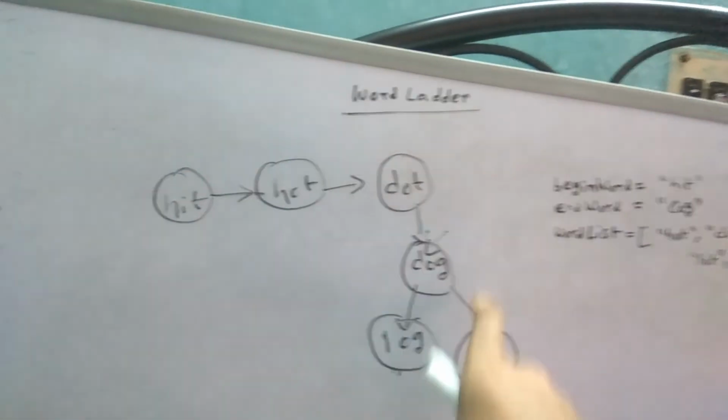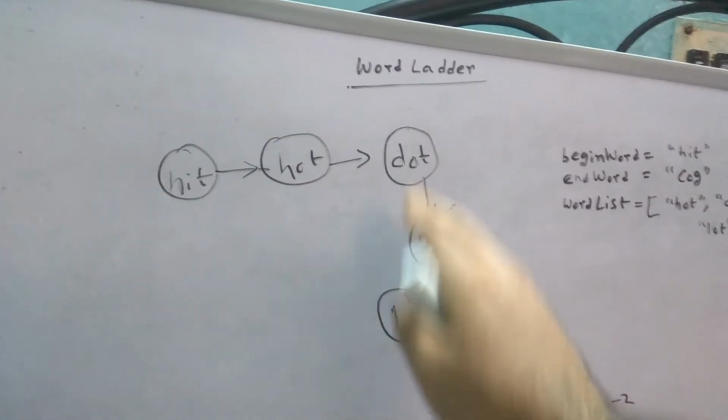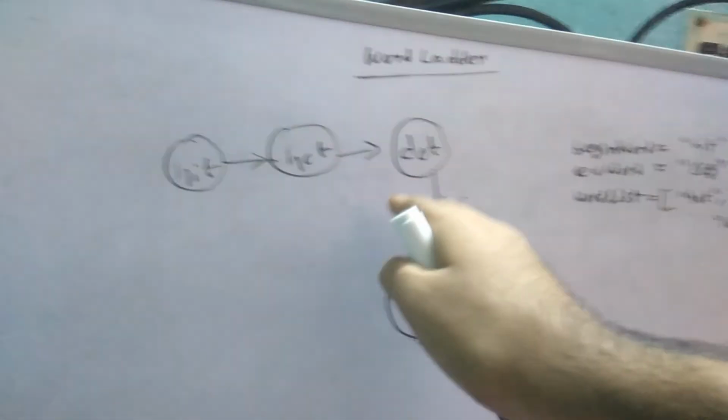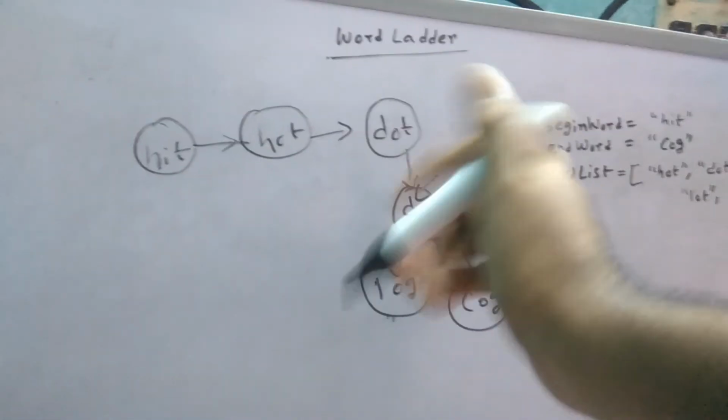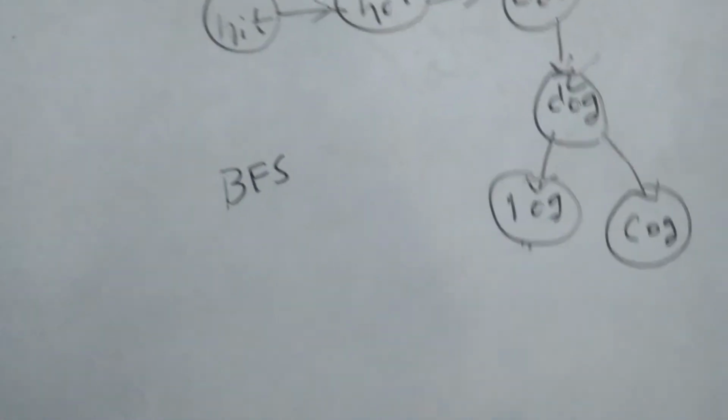So after forming this graph, a simple BFS traversal will do our job. And why are we doing BFS? Because we have to find the shortest path between two nodes, and for finding the shortest path we use BFS. And for BFS we will be using a visited array, or we can say a visited hash map.